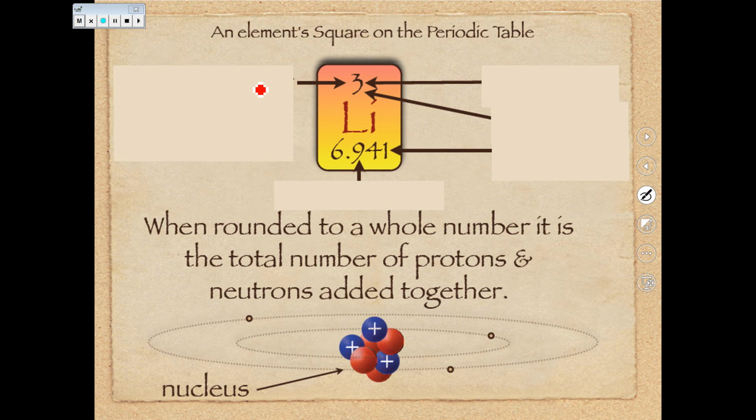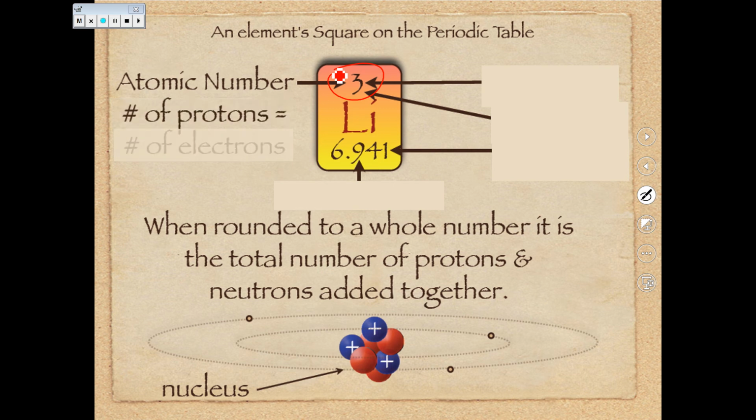An element square on the periodic table provides us a lot of information about the protons, neutrons, and electrons. For example, lithium, its symbol is Li. The whole number that is written often to the top, either the top center or the top left, sometimes the top right, gives you the number of protons and electrons in a neutral atom. So the atomic number gives you two things, the protons and the electrons in a neutral atom.